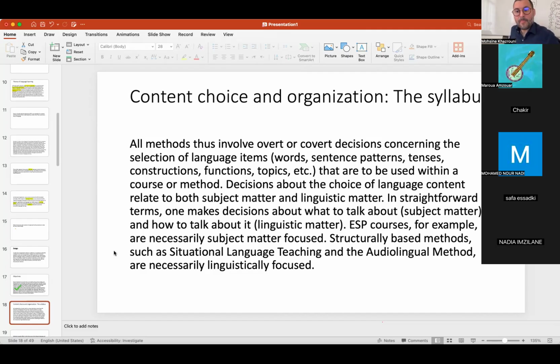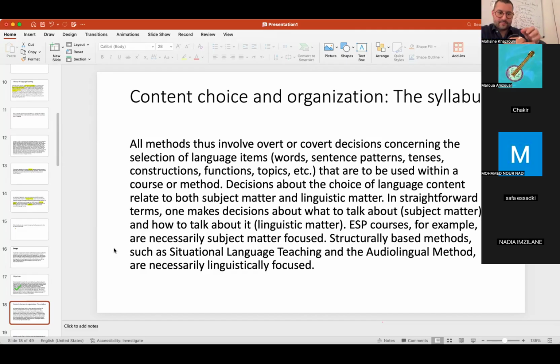Yeah, Professor, can I read? Mohammed? Content choice and organization, the syllabus. All methods thus involve overt and covert decisions concerning the selection of language items: words, sentence patterns, tenses, constructions, functions, topics, etc., that are to be used within a course or a method. Discussion about the choice of language content relates to both subject matter and linguistic matter.